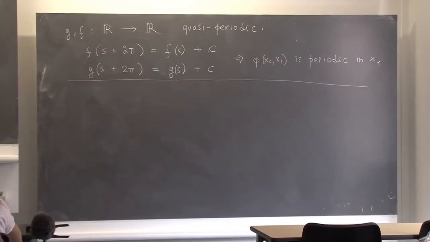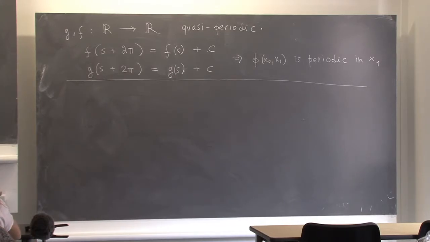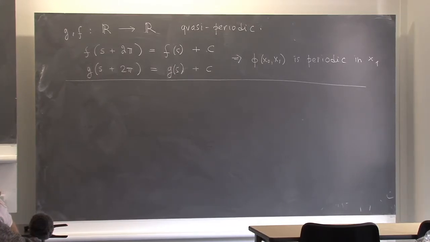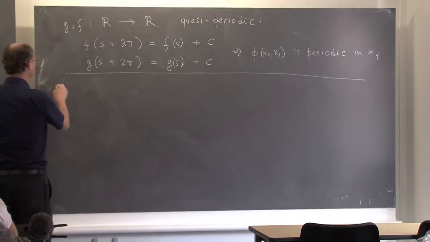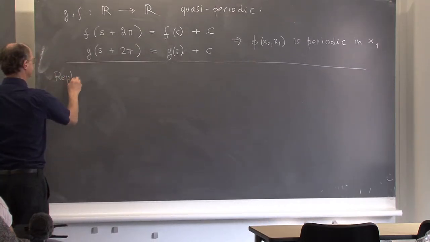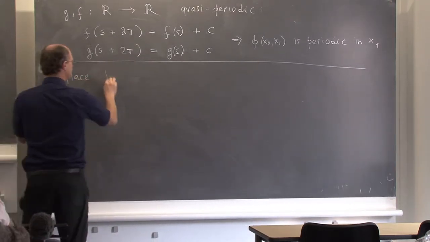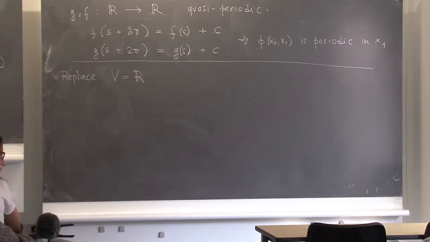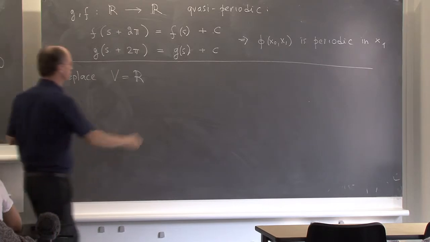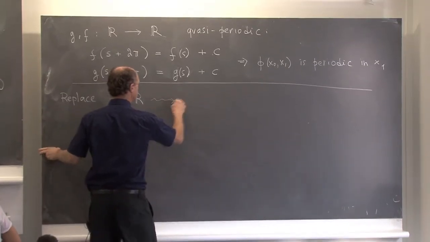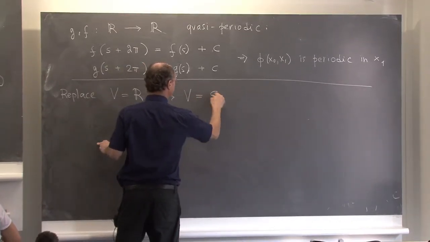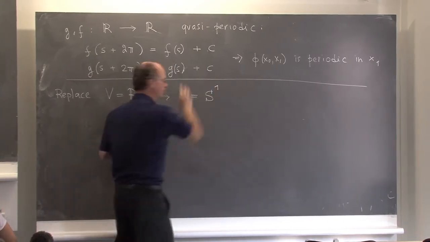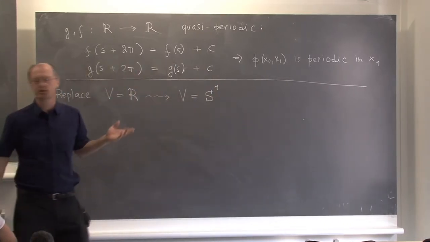Okay, so that's something that we know very well. Now let's say we replace V, which is the real line, by V which is also going to be S1. So what does it mean in practice?